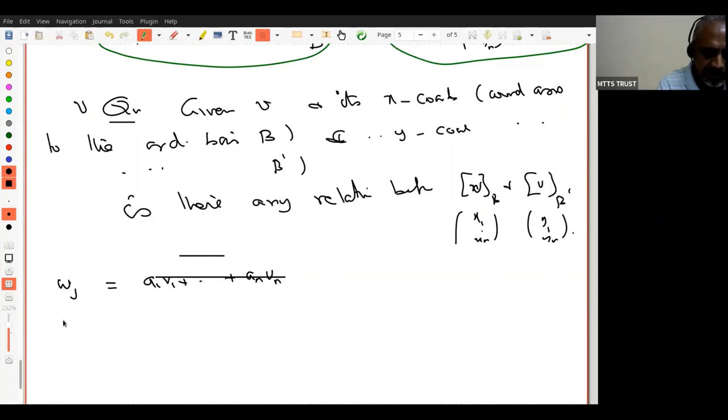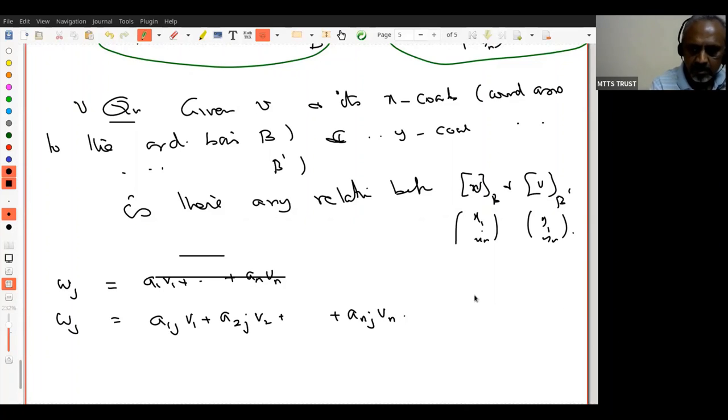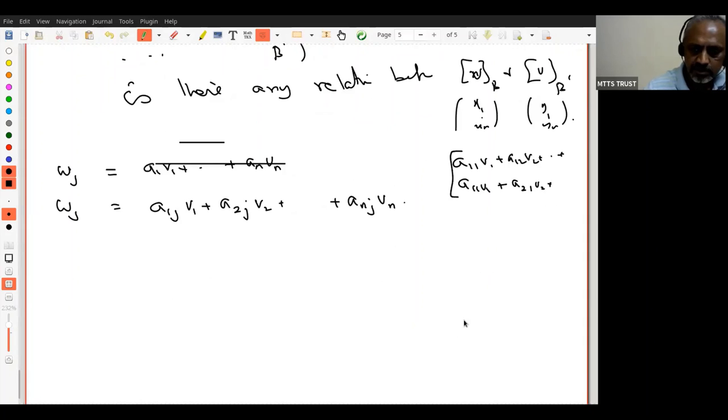So we will write it as Wj equal to A1j V1 plus A2j V2 plus Anj Vn. Notice that I am differing from the standard algebra practice. They will usually write A11 V1 plus A12 V2 plus etc. But I am writing the other way around. I am writing A11 V1 plus A21 V2 etc. Please note this.